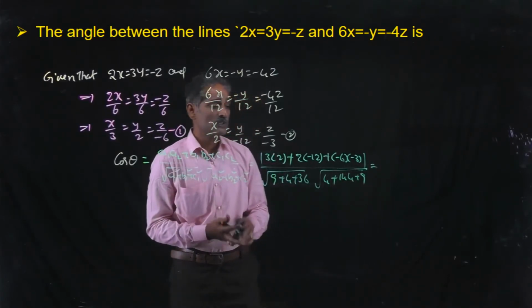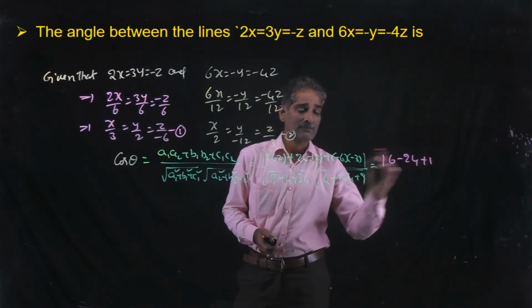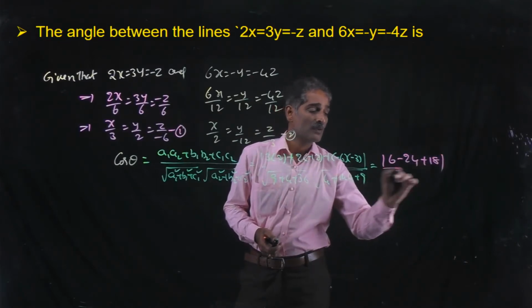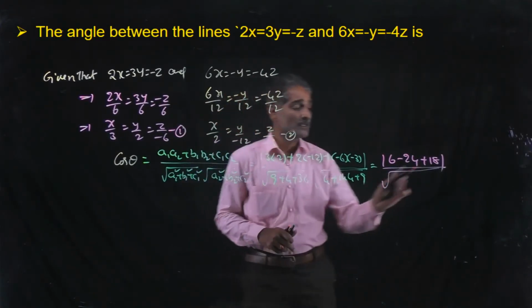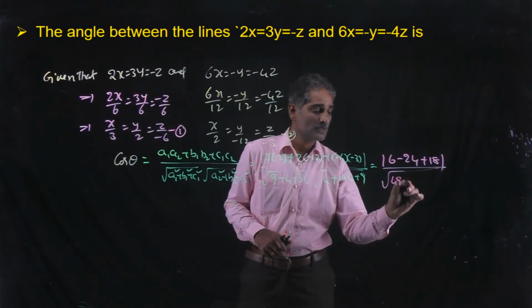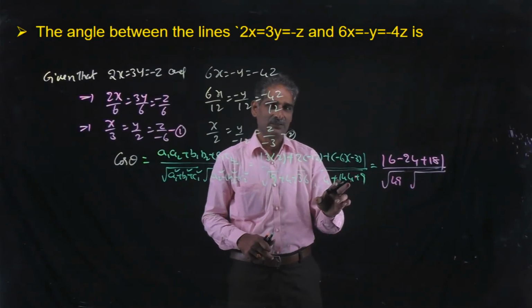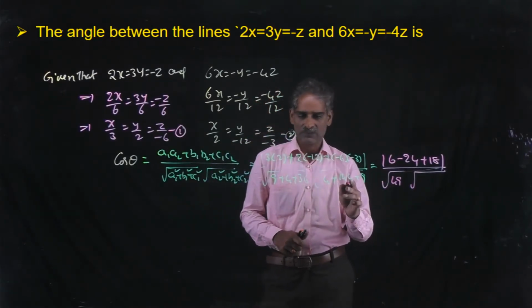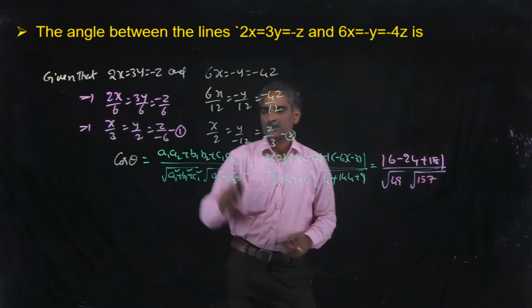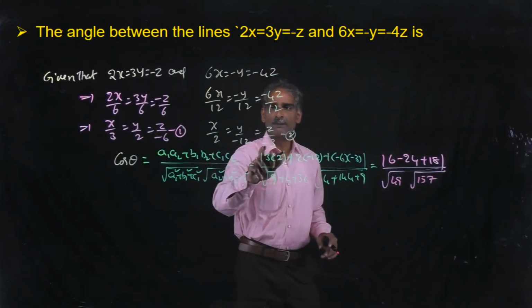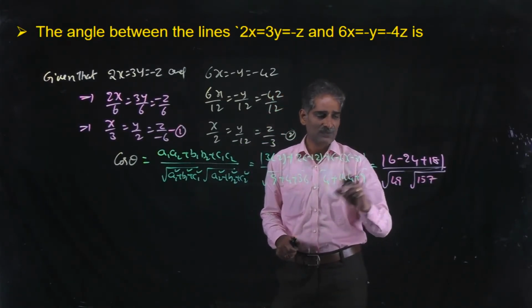That is equal to 6 minus 24 plus 18, whole divided by root of 36 plus 4 is 40, 40 plus 9 is 49, root 49, into root of 4 plus 144 plus 9, that is 157.